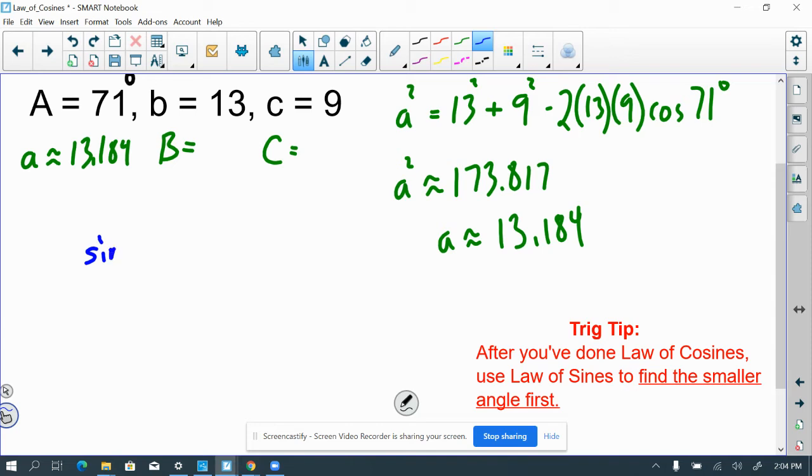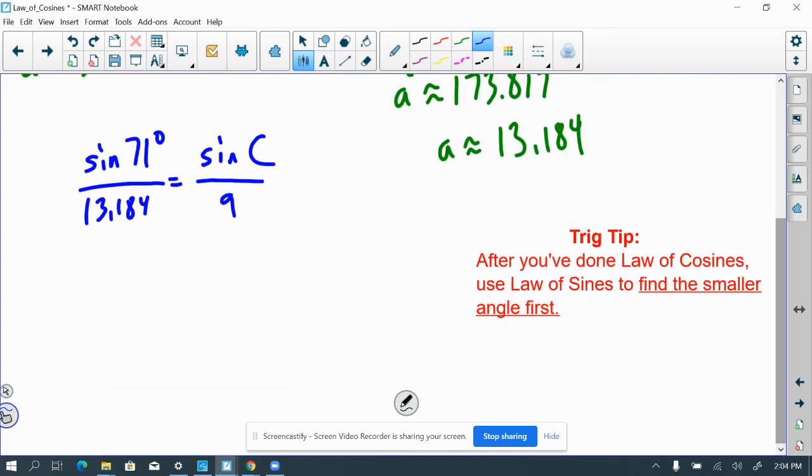I have this opposite relationship, sine of 71 over 13.184, and I'm going to set that equal to the sine of C over 9. 9 times the sine of 71 equals 13.184 times the sine of C. Divide. So 9 times the sine of 71 equals 8.5.